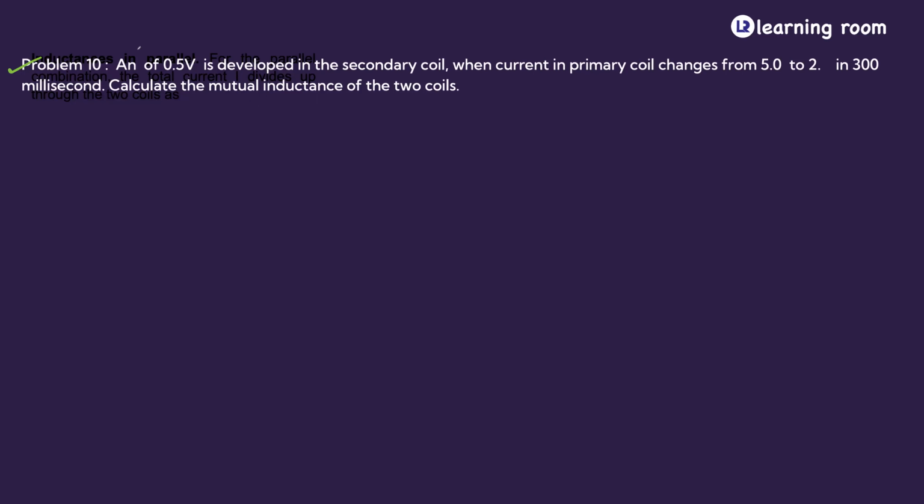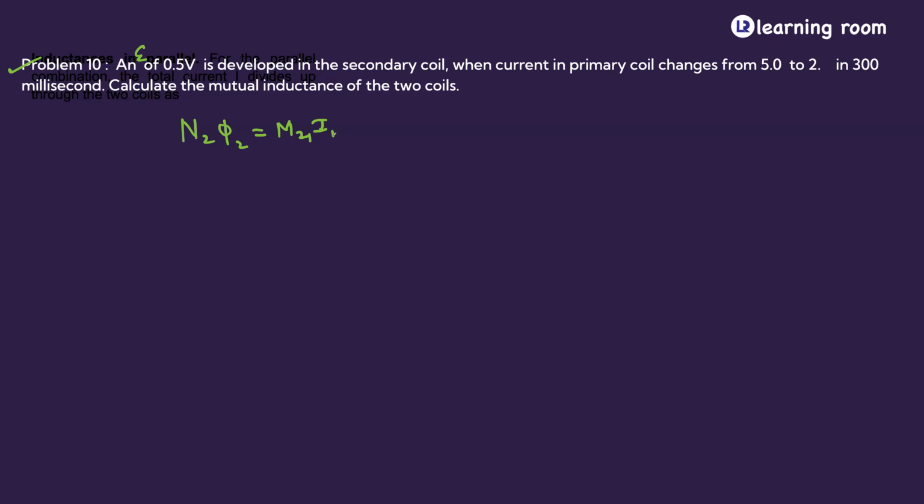Actually, it is an EMF. An EMF of 0.5 volt is developed in the secondary coil when the current in the primary coil changes from 5 to 2 ampere in 300 milliseconds. Calculate the mutual inductance. So what is the relation between EMF, mutual inductance, and change in current? See, we remember this, no? N2 is equal to M21 times I1. Am I right with this?